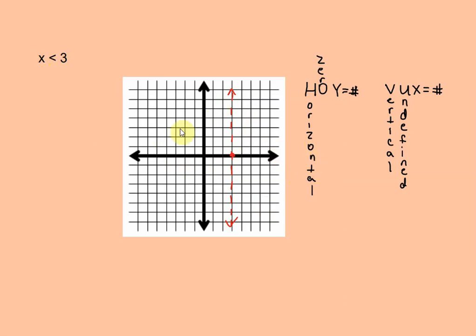All of the numbers to the left are going to be the numbers that are less than. So that means we're going to shade to the left of the line. Of course, if it said greater than, all of the numbers on the number line that are greater than that number would be to the right of the line.